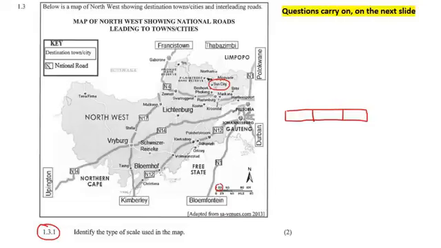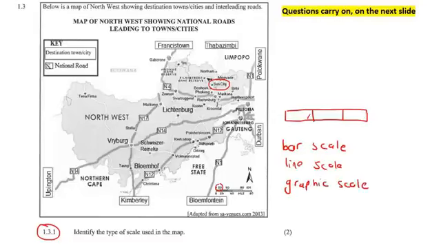Whenever they show it like that, it's called a bar scale. Okay, because you can think of these as little bars, but they also call it a line scale, or you could even call it a graphic scale.